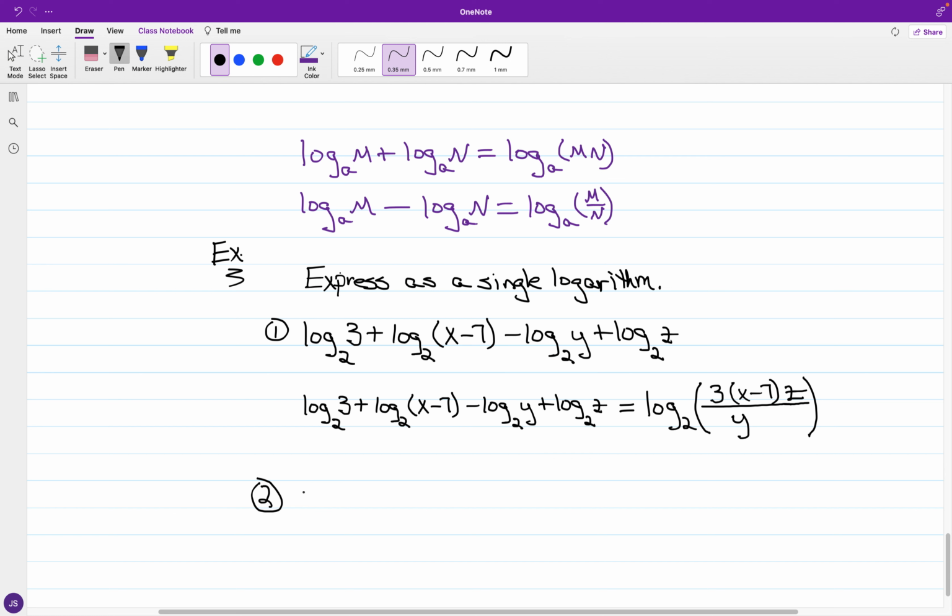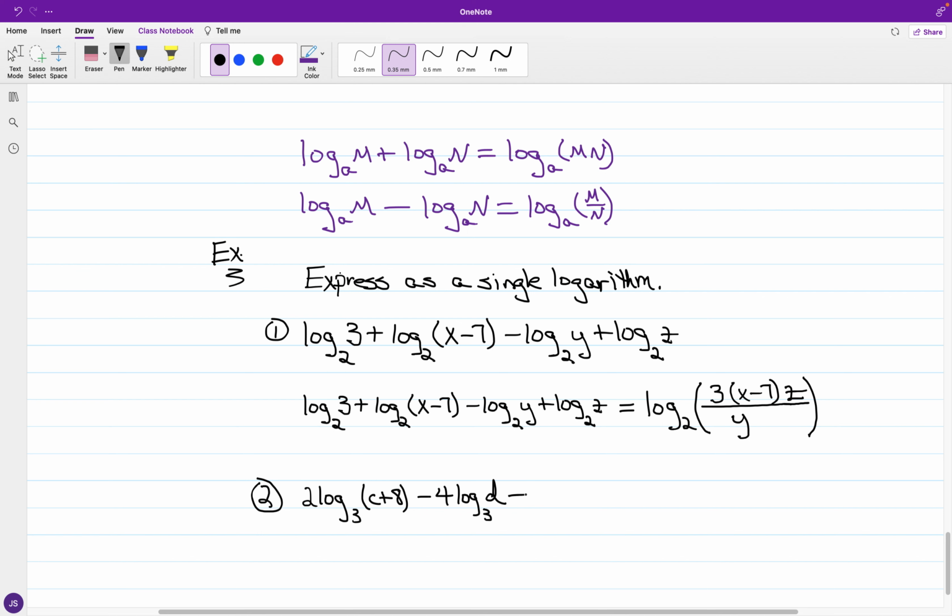And let's say if we have something like 2 times the base 3 logarithm of the quantity of c plus 8, minus 4 times the base 3 logarithm of d.